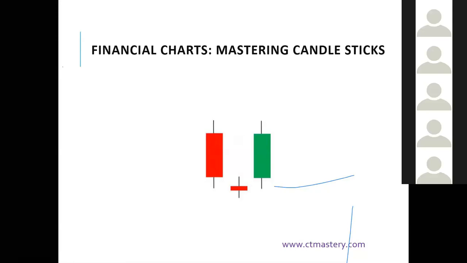For the red body, we say there's a lot of selling pressure. For this big green body, we say there's a lot of buying pressure. Then for this small body, either green or red, we say there's not really a lot of activity going on in the market.